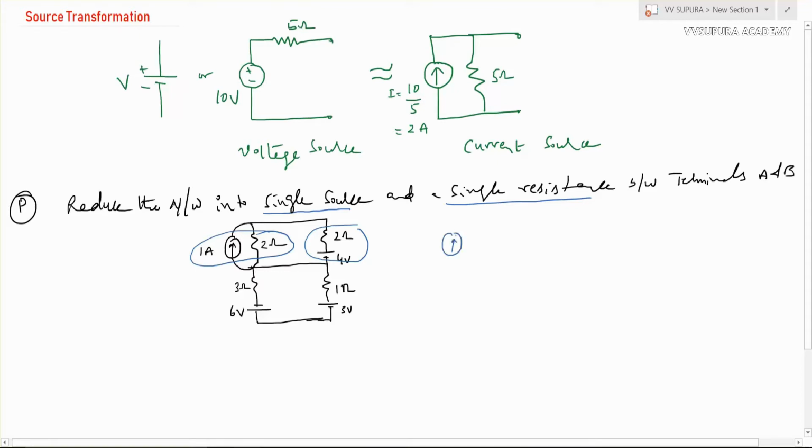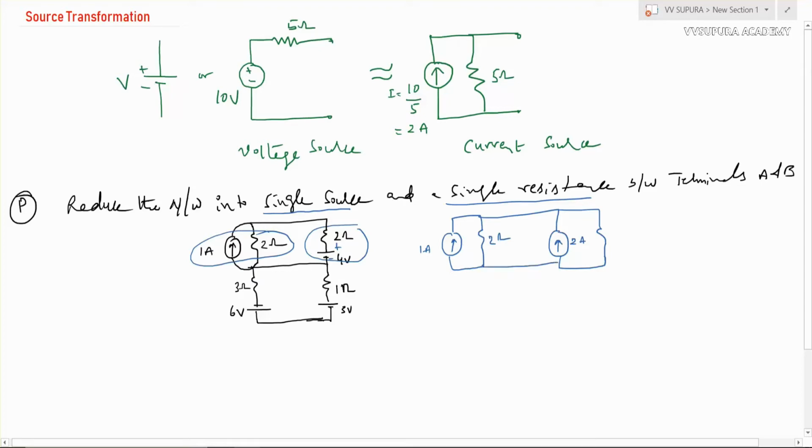I can write like this: the arrow mark and one resistor in parallel, 2 ohms. This also can be converted to a current source, with the arrow mark upwards. Why? Because the positive terminal is in this direction. The current is equal to 4 by 2, it is 2 amperes, and the 1 ampere source is in parallel with one resistor.